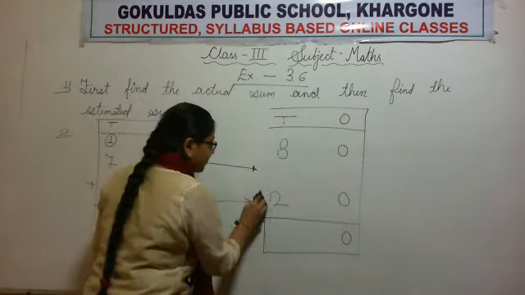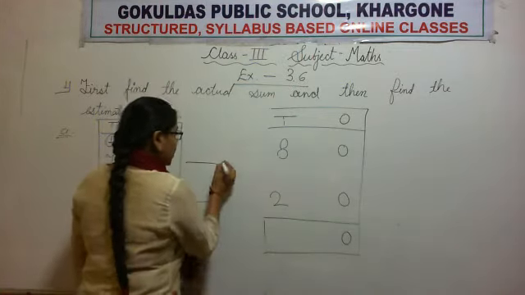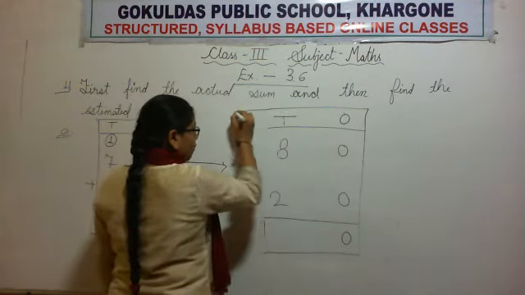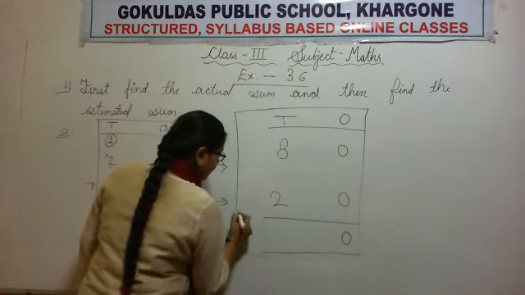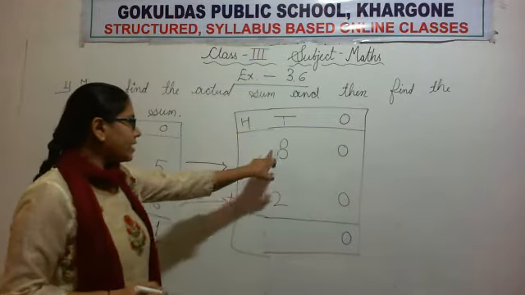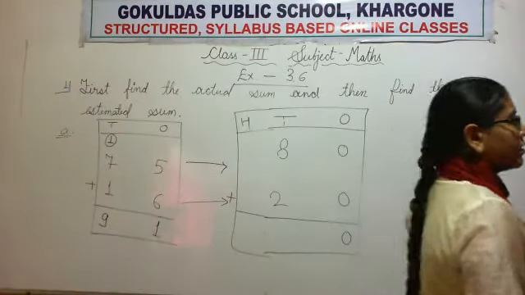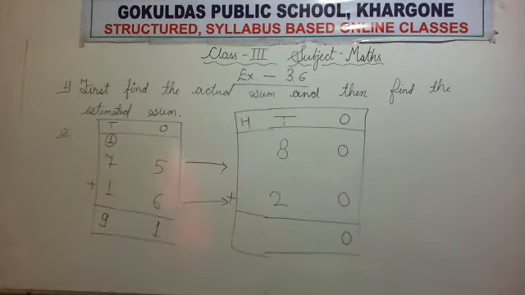Now here students, we will need one more column of hundreds. So excuse me for this. Let me make one more column. Yes, now 8 plus 2. All of you count 8 fingers. Now plus 2 is there, so count 2 more fingers.